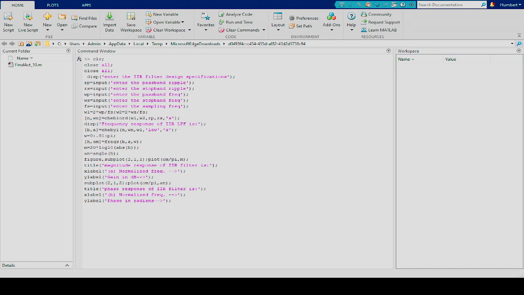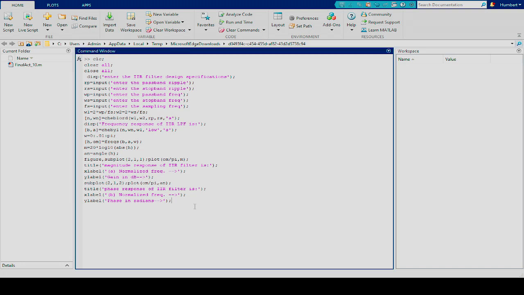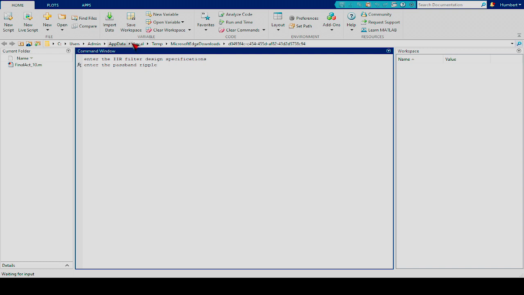Just like in task 10, when we run it, let's input the passband ripple. The inputs we're going to enter here are the same inputs that we entered in our laboratory activity. Then let's show the difference between the two outputs from the laboratory and this.